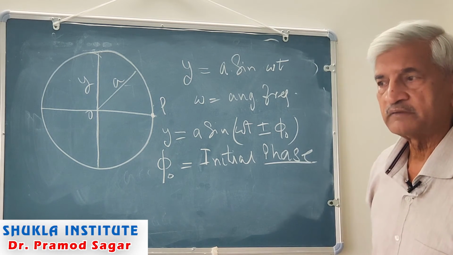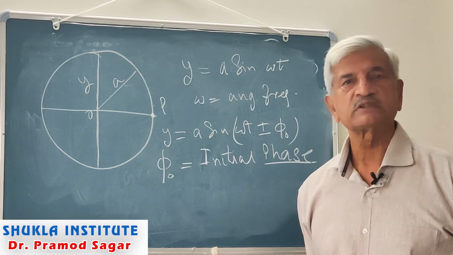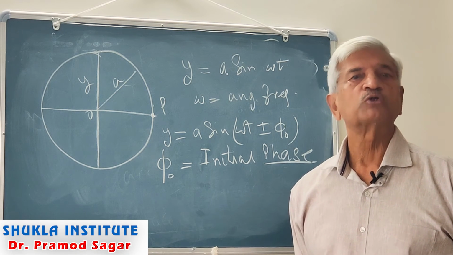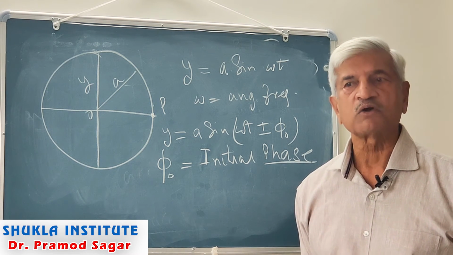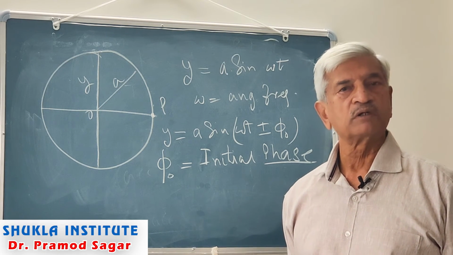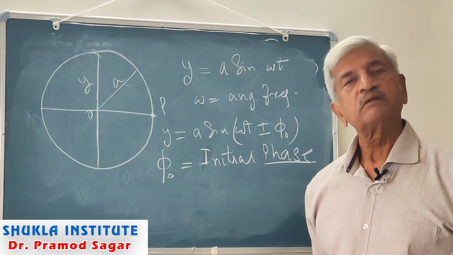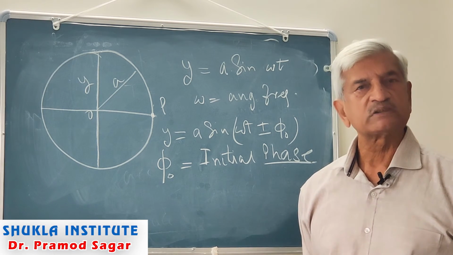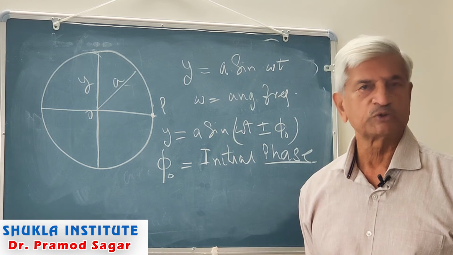The initial position is the position when we start measuring or understanding the motion of the particle, that is, from the time when we start observing. But the mean position would be the position of the particle in the absence of any kind of motion.